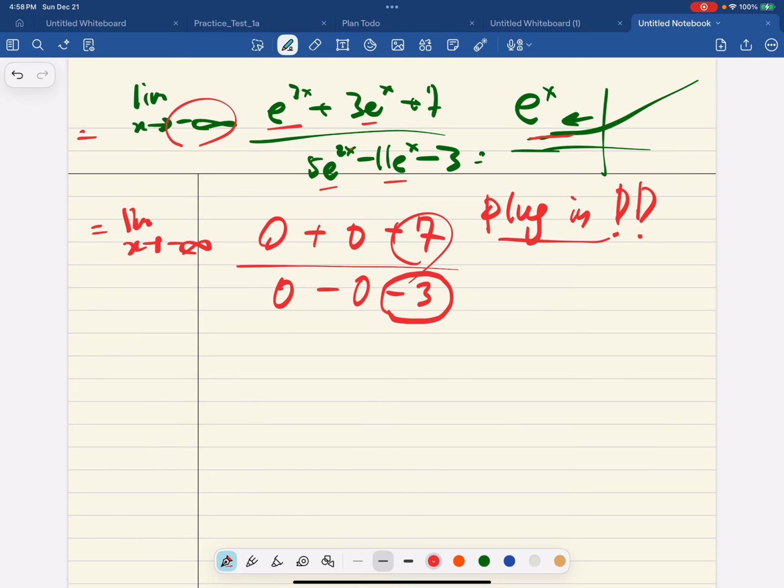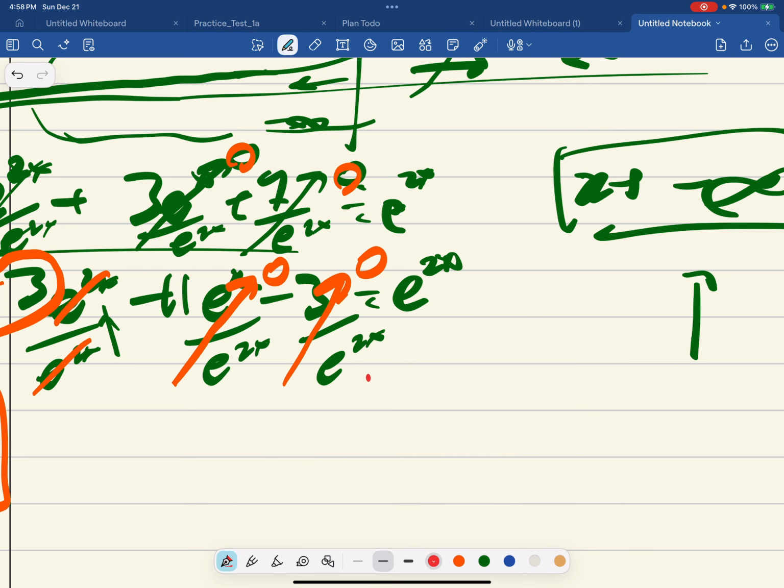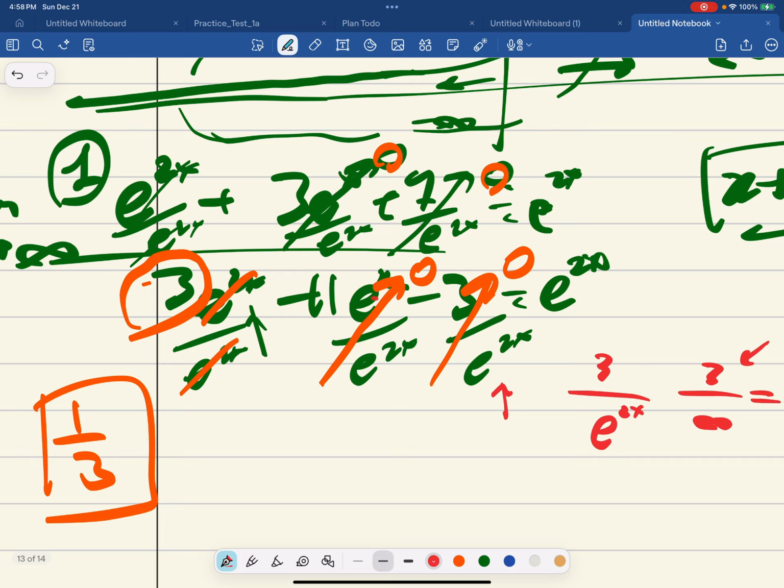So now our constants stayed, whereas constants usually are the weakest over here. Dividing by a very huge number, 3 divided by e to the 2x, and x is infinity, 3 divided by infinity basically is 0 because 3 is very small. Whereas 11 e to the x was a bit bigger because e to the x goes to infinity, but it loses to the bottom.